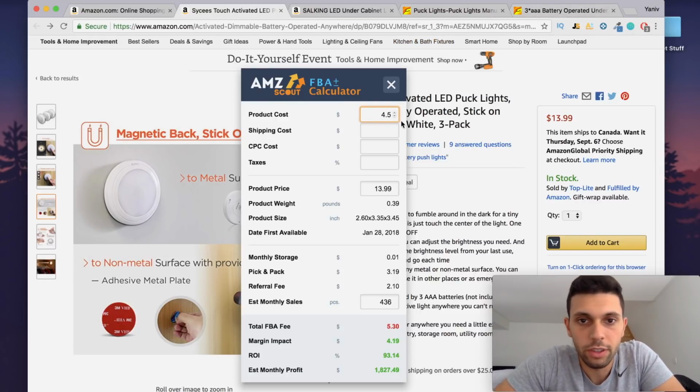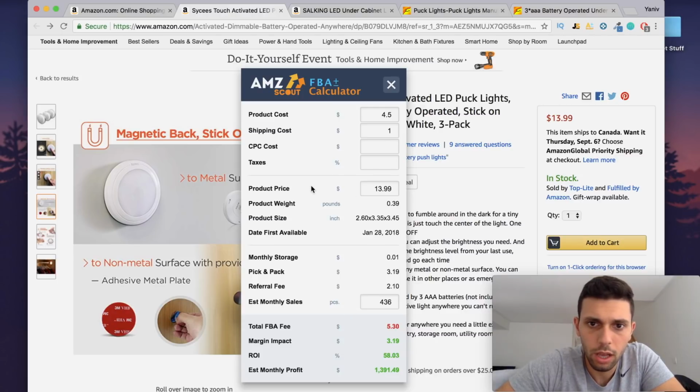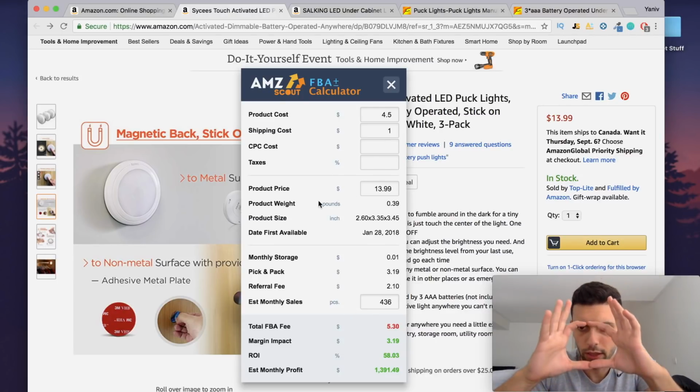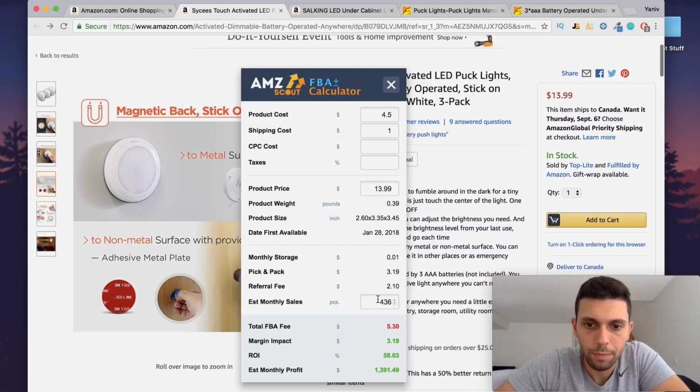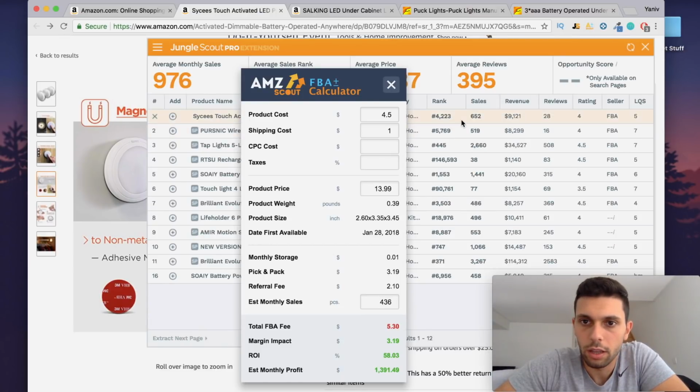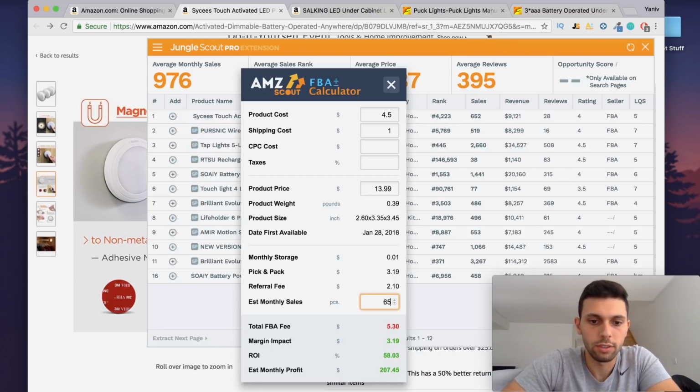So 450, I just took the average of what it said here. Let's say 450, cost per shipping very low. Let's say $1. I don't even think it would be $1, because they're very, very small. They're small lights. And then what was the amount of sales it's making? 652. So let's change this to 652.